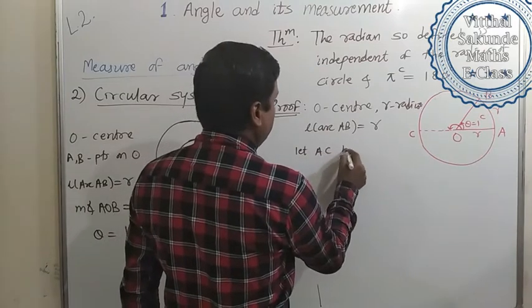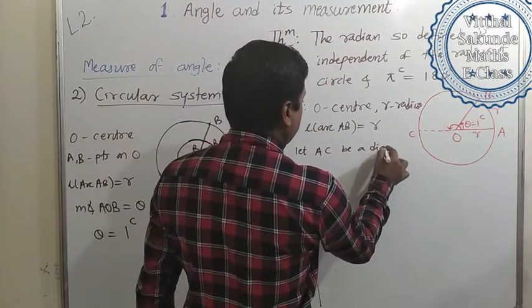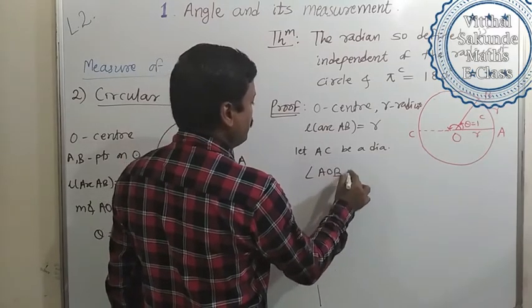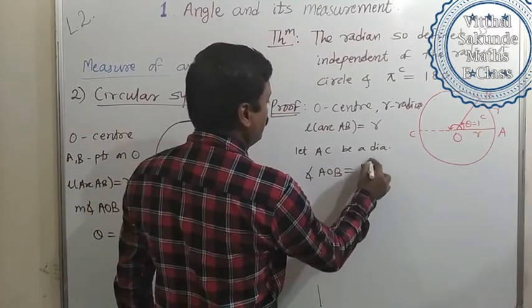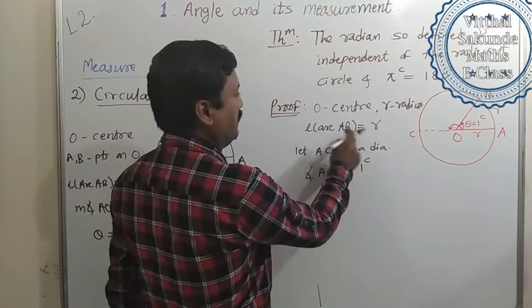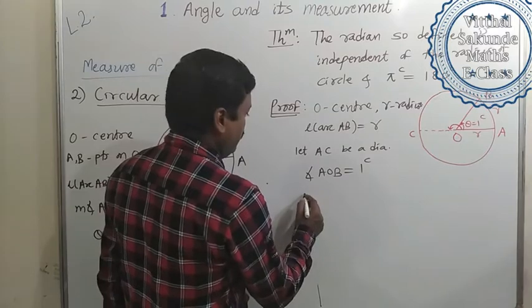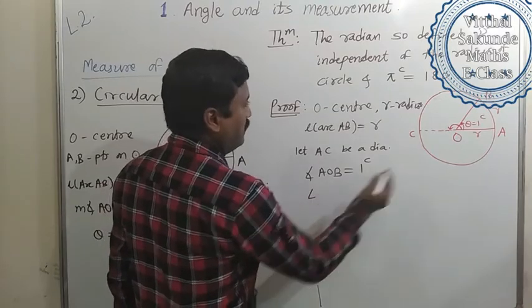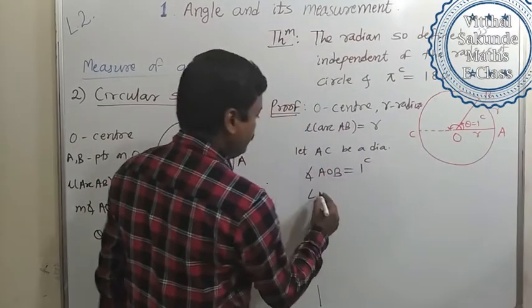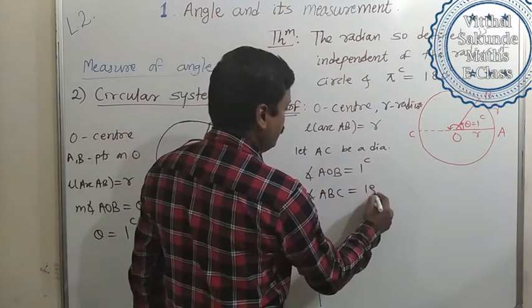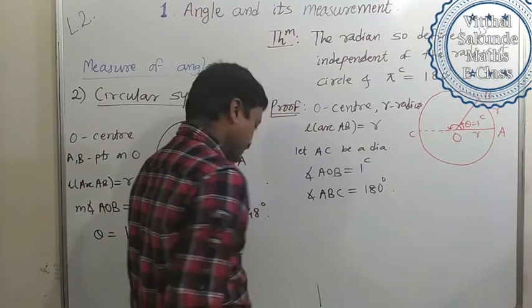Then let AC be a diameter. Then angle AOB is equal to 1 radian, because length of arc AB is equal to R that we have taken, and the arc ABC subtends 180 degree.